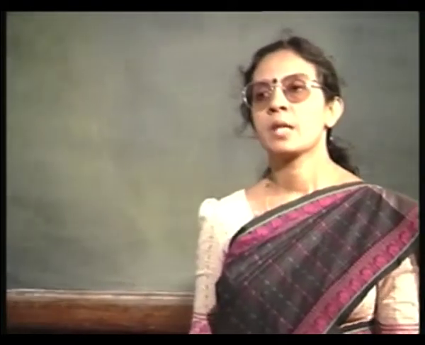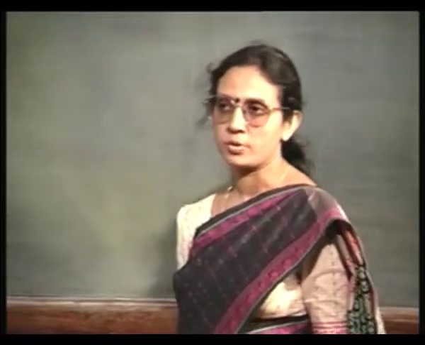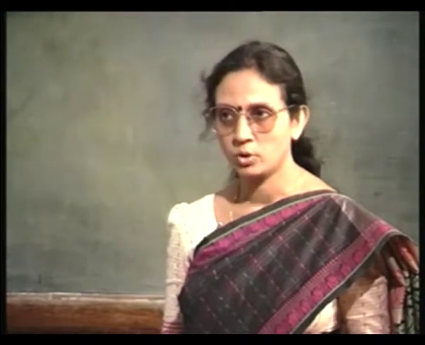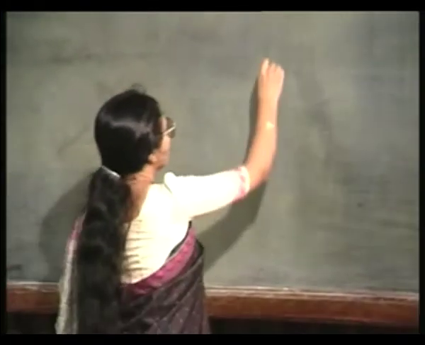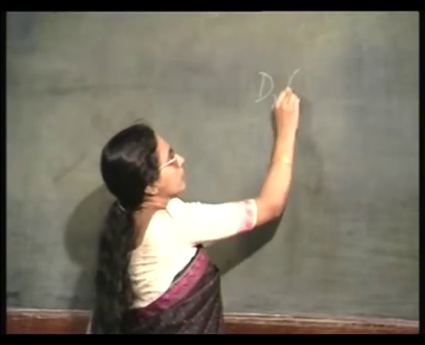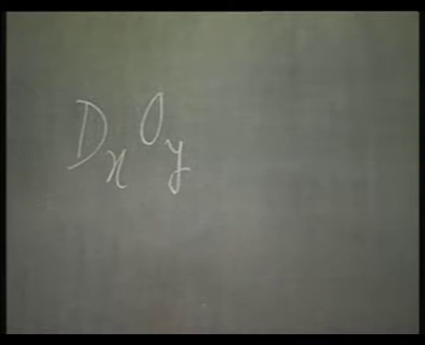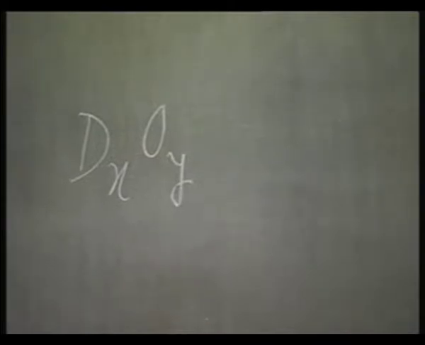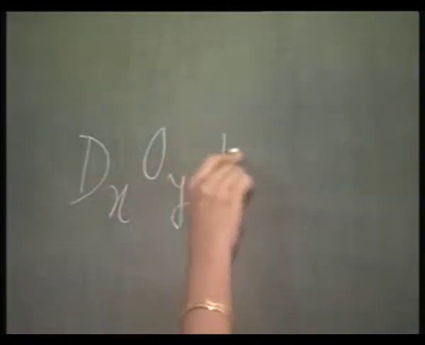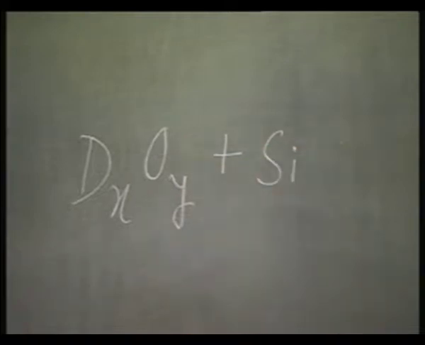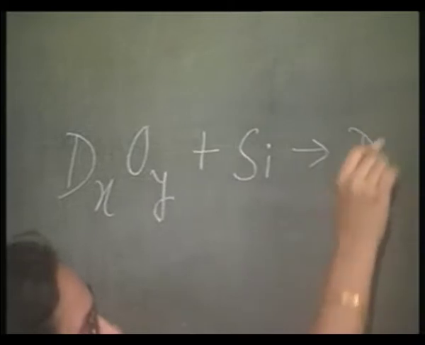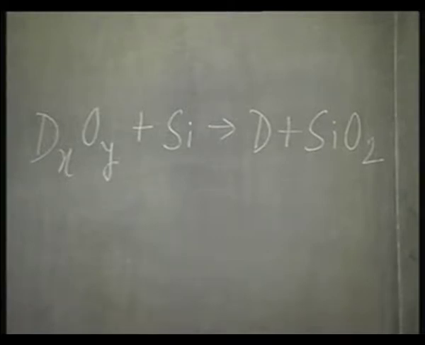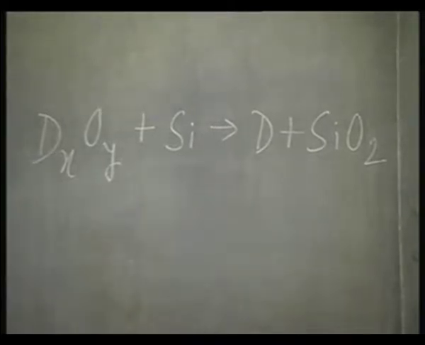So, essentially in most of the silicon diffusion processes, we have the oxide of the dopant, generally written as DXOY, where D stands for the dopant. This oxide compound of the dopant reacts with silicon to release the dopant, because silicon has a great affinity for oxygen.